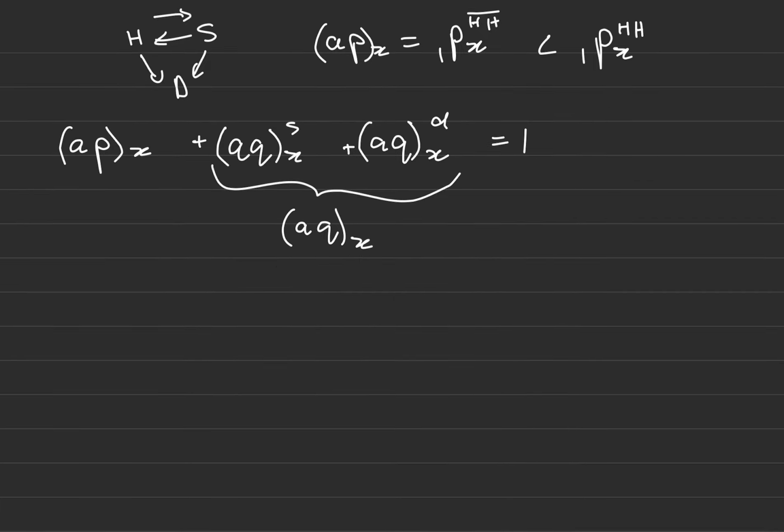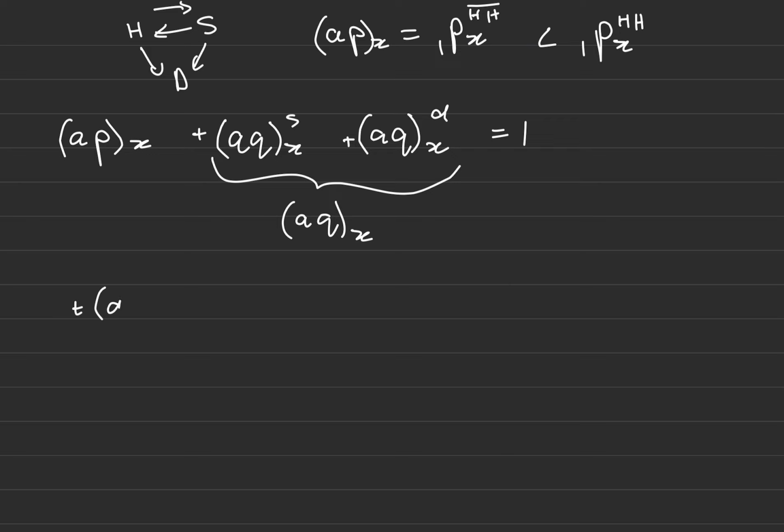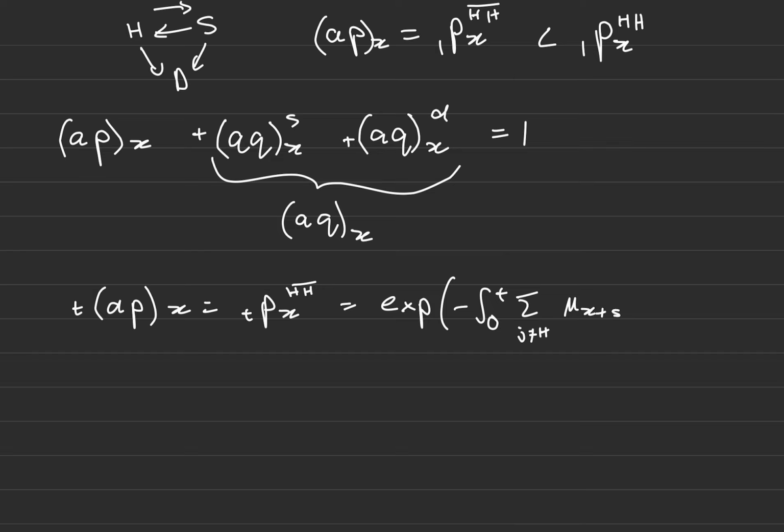Now, we said that tpx^{HH} was equal to tpx^{HH}. And this equals the exponent of negative the integral from 0 to t, sum over j not equal to h of mu x plus s.